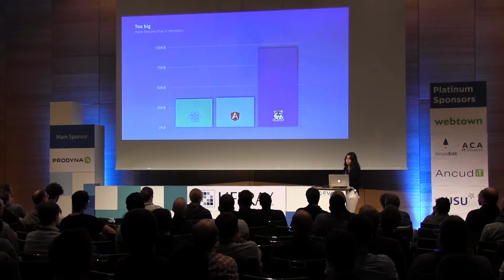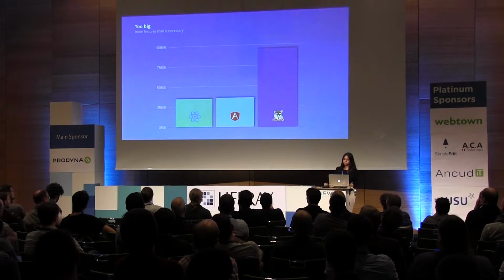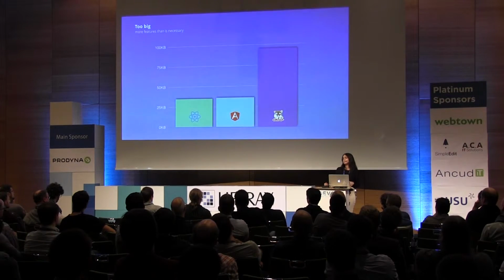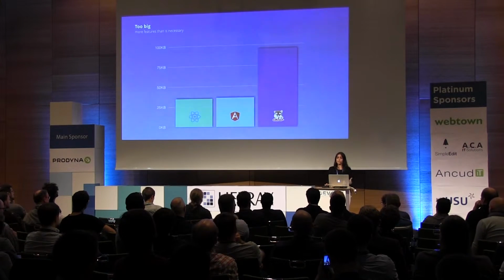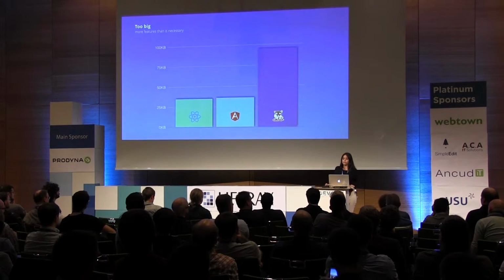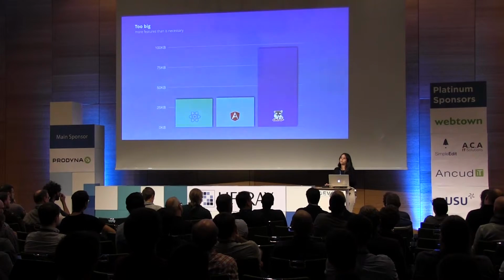Another thing that we've noticed is that these new libraries, they're very big, right? And this is a problem for Liferay as well, because whatever library we choose to use on Liferay, that library is going to be on all our clients' codes as well. Right? People are going to use Liferay, and that's going to be included on their sites. And then there's a problem, because if we add a big dependency, that's going to be a big dependency for our clients.